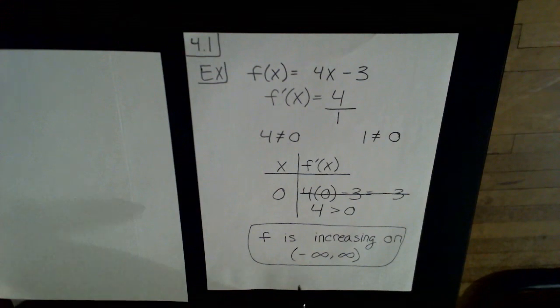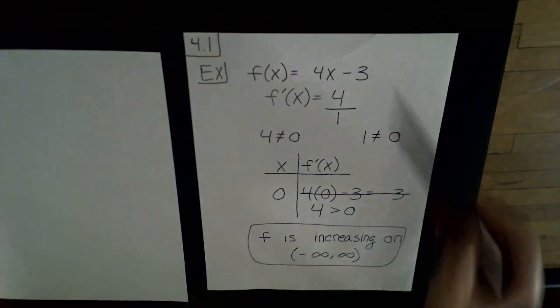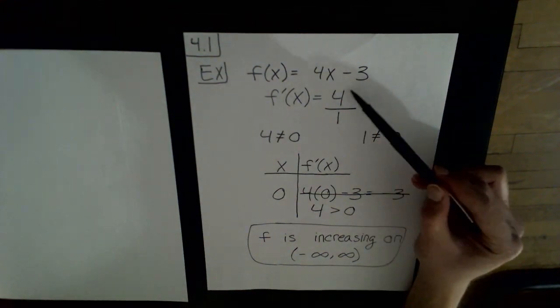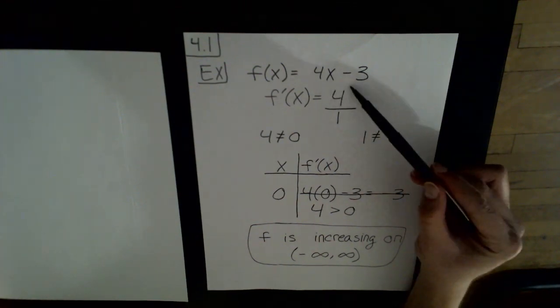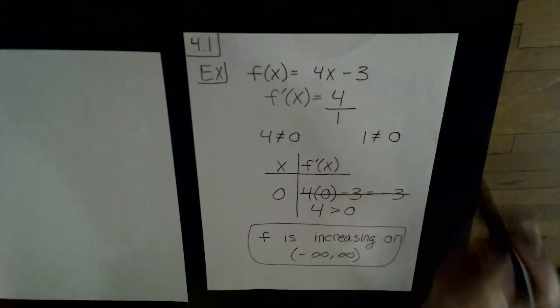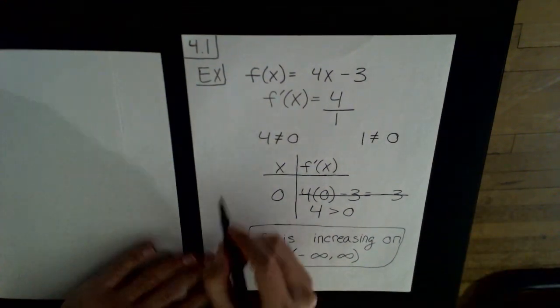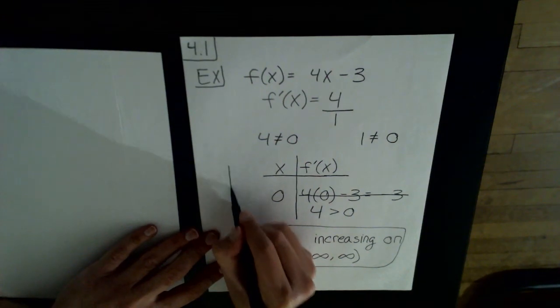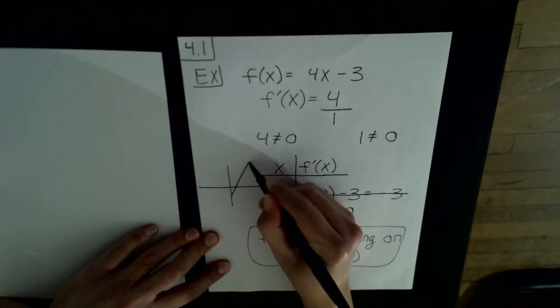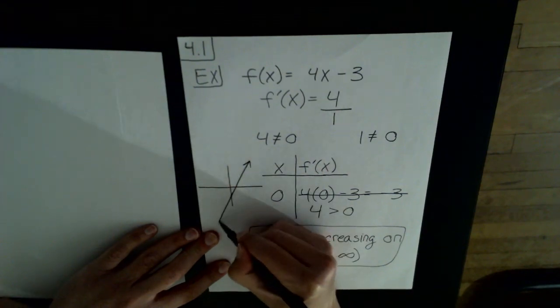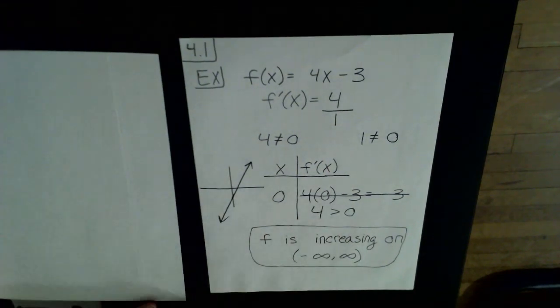Now the logic behind this. Think about what this original function looks like. 4x minus 3. That's just a line. If you were to graph this, I'll do this off to the side, it would look something like this.